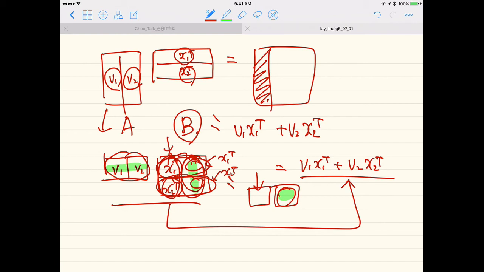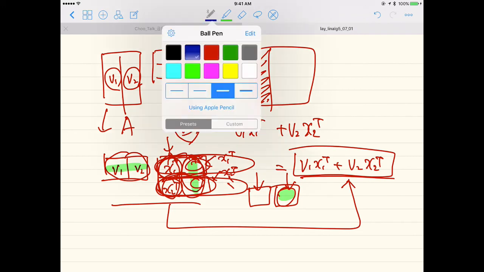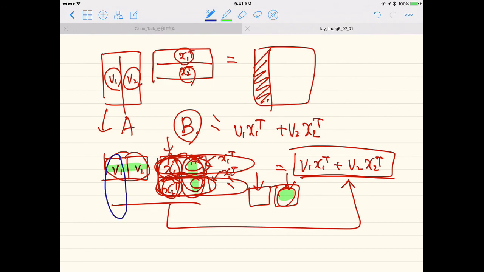So that will form this one. We can extend these vectors, and this representation is still true. We can also increase the length of v1 and v2, and it will still give the same result.